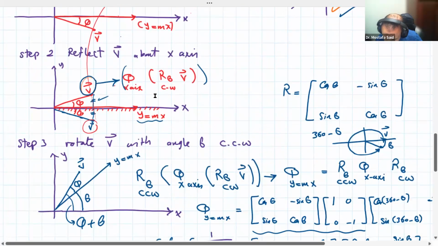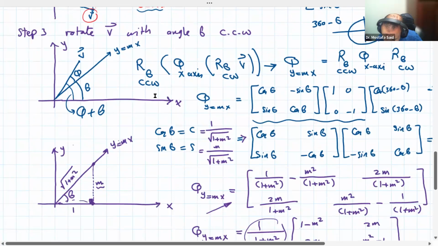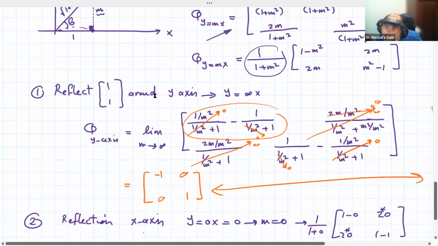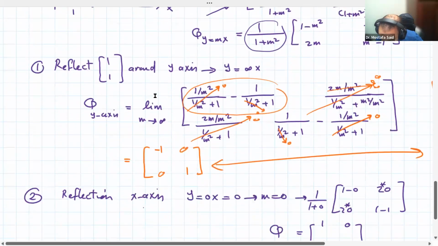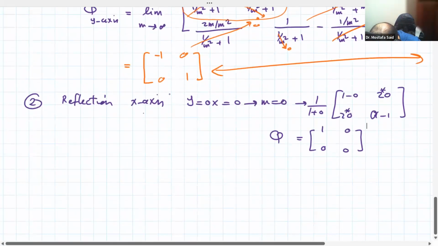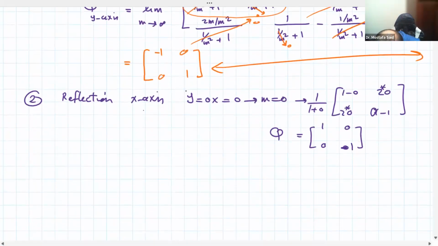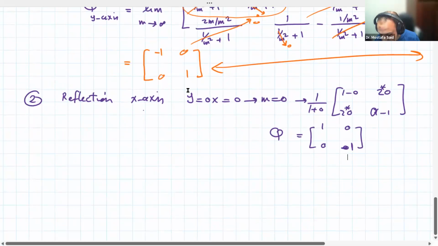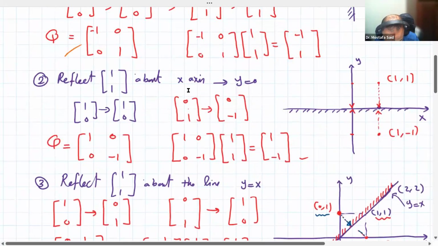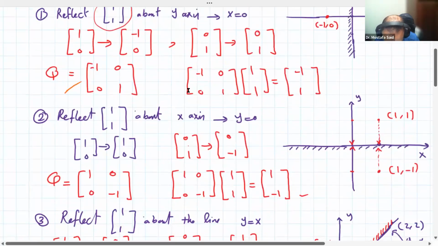Oh, I'm sorry, m is equal to 0, so that's 0 and this will be minus 1. So 1, 0, 0, minus 1. Okay.